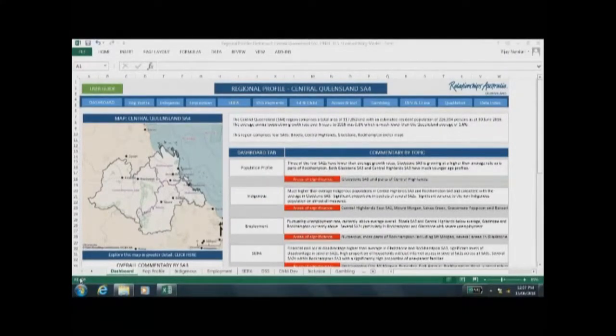The profiles have been compiled for the use by all RAQ employees, and they aim to achieve a number of objectives. They aim to provide a more intimate understanding of the characteristics of each region and highlight those areas which face the greatest challenges within the region.